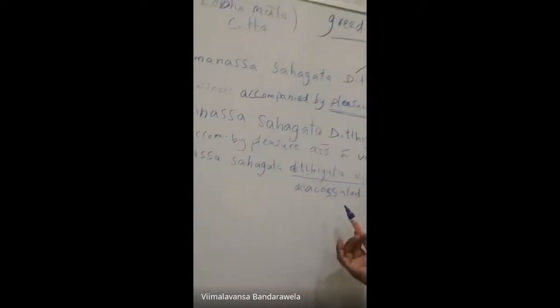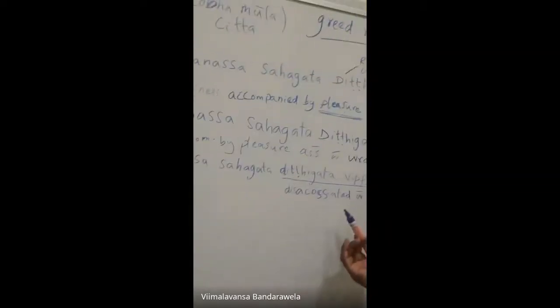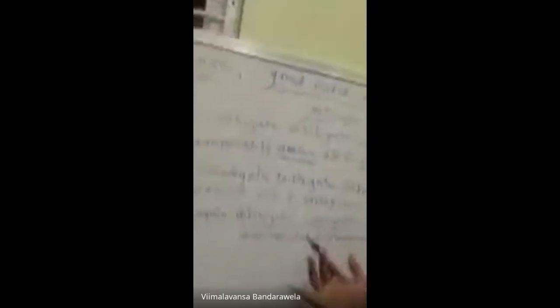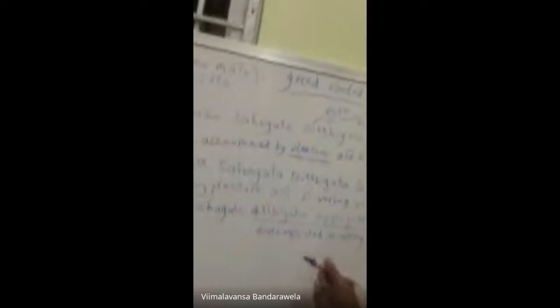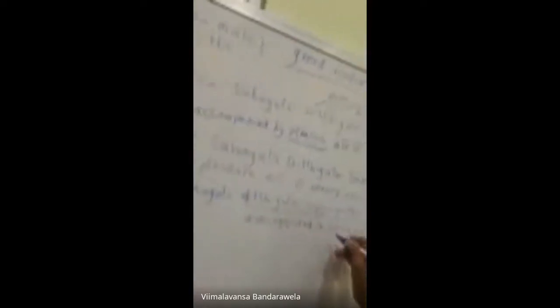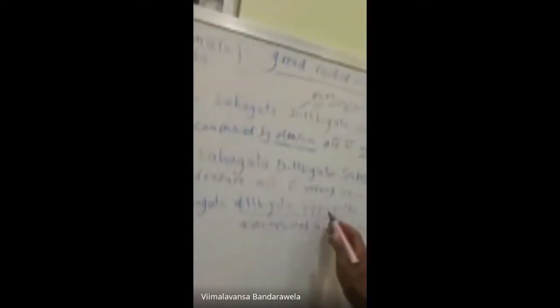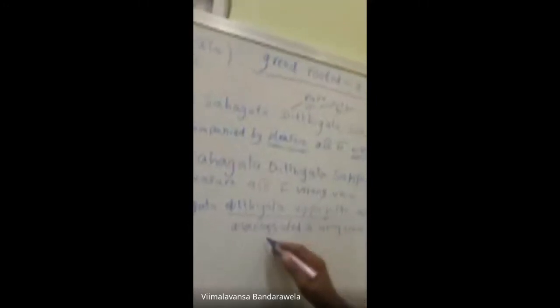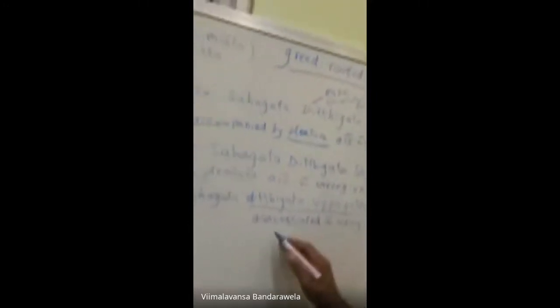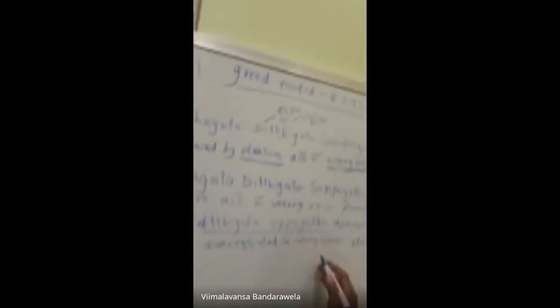So if you don't have miccha ditti, then the consciousness is associated with mana, right? Mana means conceit or pride, something like that. We can say associated with conceit. So it is dittigata vipayukta, meaning dissociated with wrong view, associated with conceit, right?